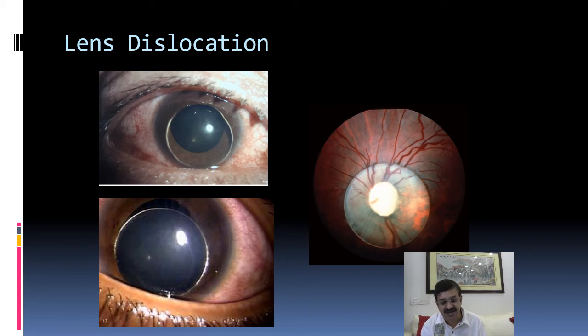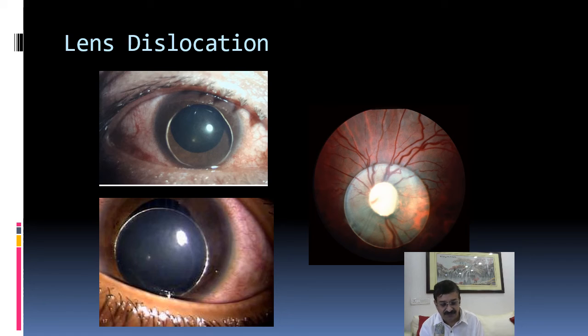And dislocation is when the part is totally displaced and no part of it remains within the natural anatomical position of the organ. So here, as you can see, the lens has completely come into the anterior chamber. That is not its anatomical position. So this is an anterior dislocation of the lens.